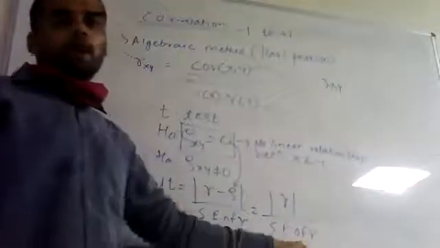You have the value of r, which you have calculated from this formula. Now we have to calculate standard error of r, and standard error is calculated as the square root of 1 minus r square divided by n minus 2.